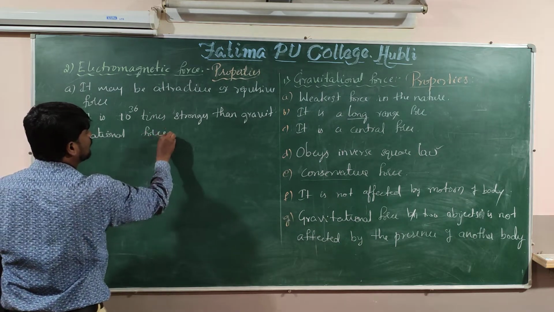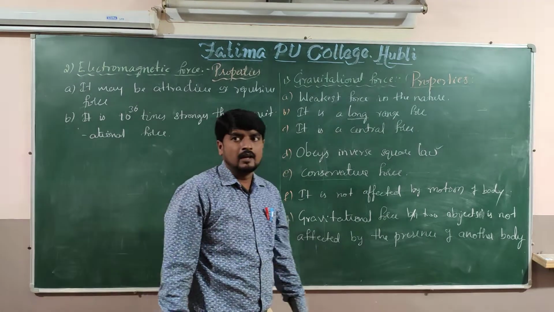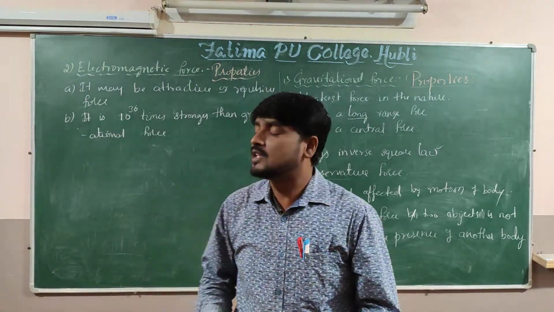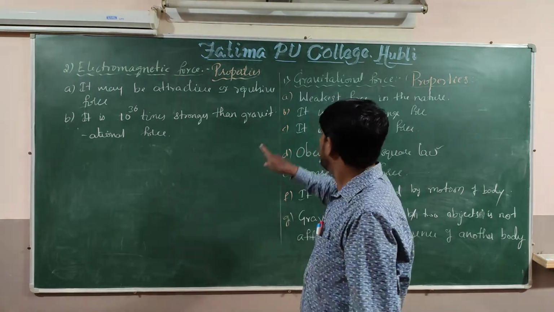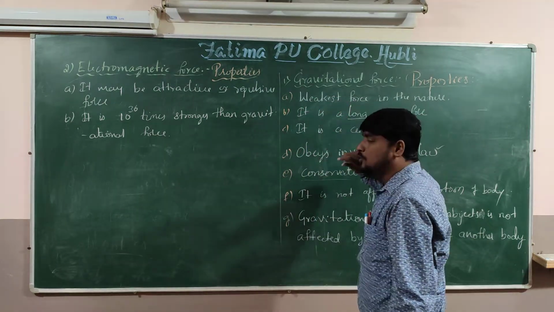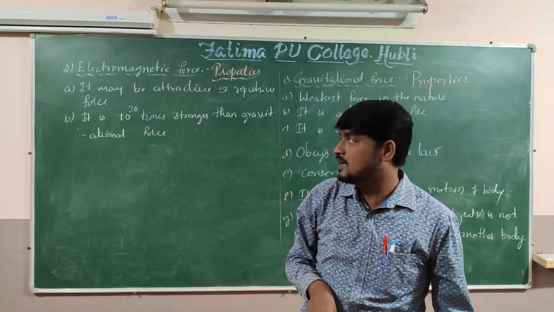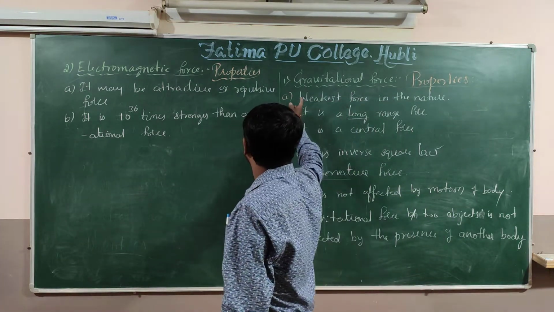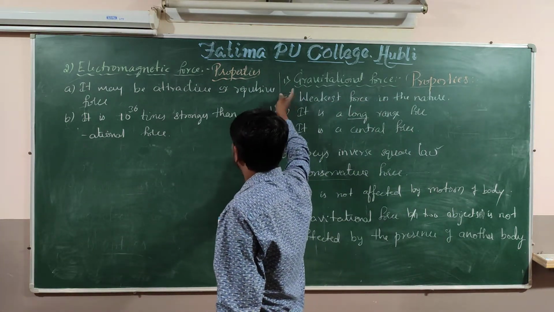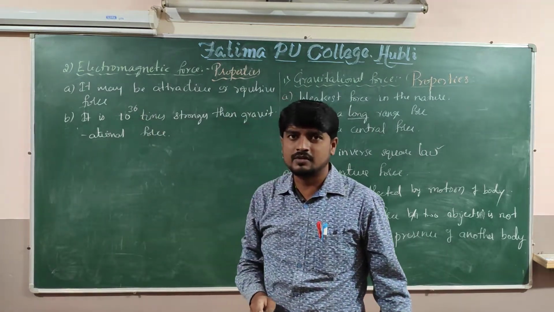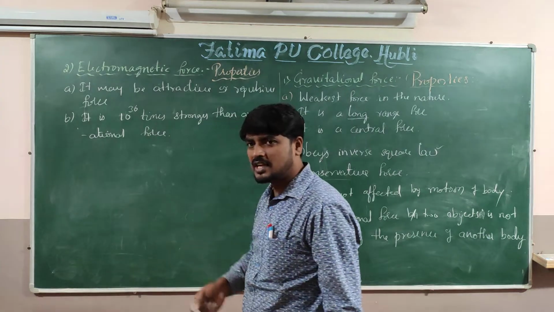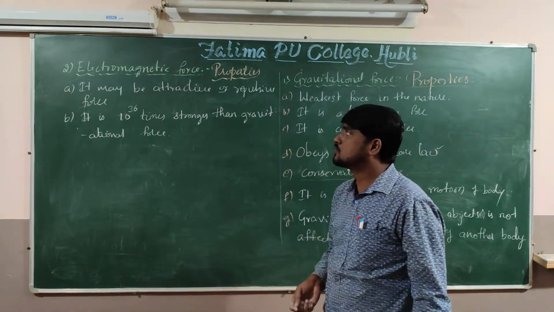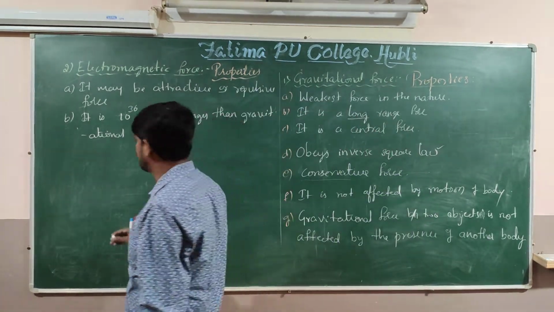Don't suddenly come to the conclusion that the electromagnetic force is the strongest force in nature. You can only say that the gravitational force is the weakest force. But if I compare the two, the electromagnetic force is 10 raised to plus 36 times greater than the gravitational force.